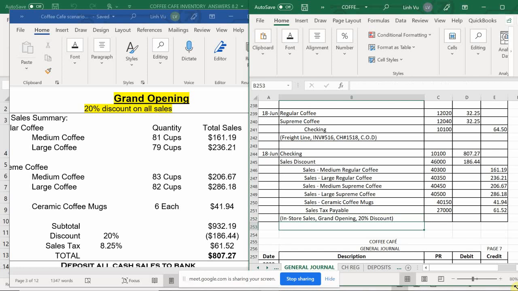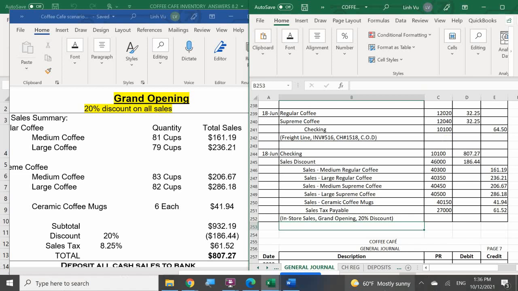Good. So what do we need to do now? Oh, then we go to the ledger. Ledger. Good. Excellent.